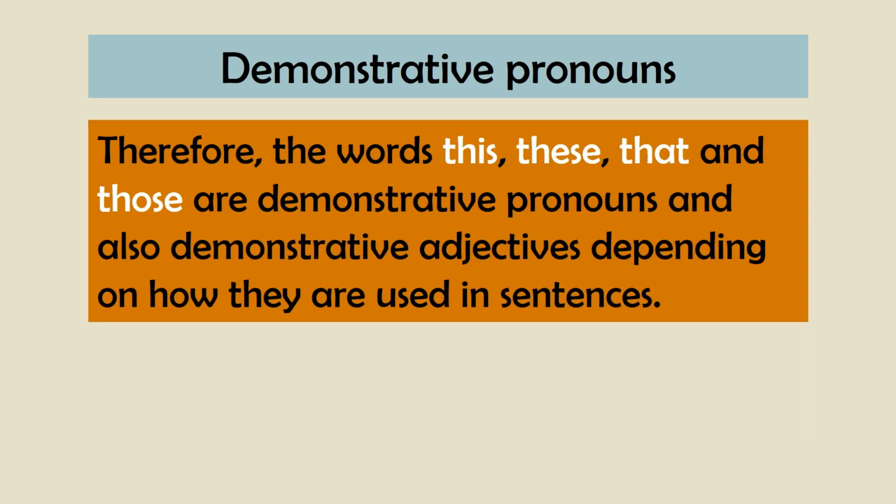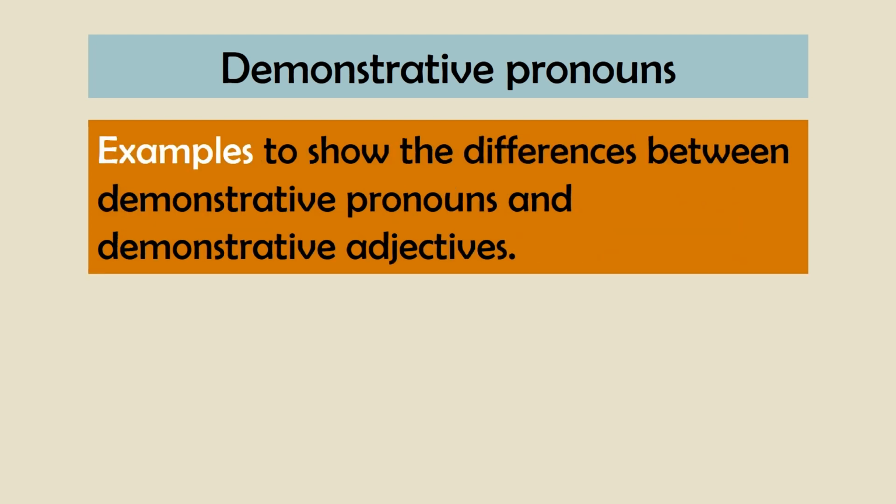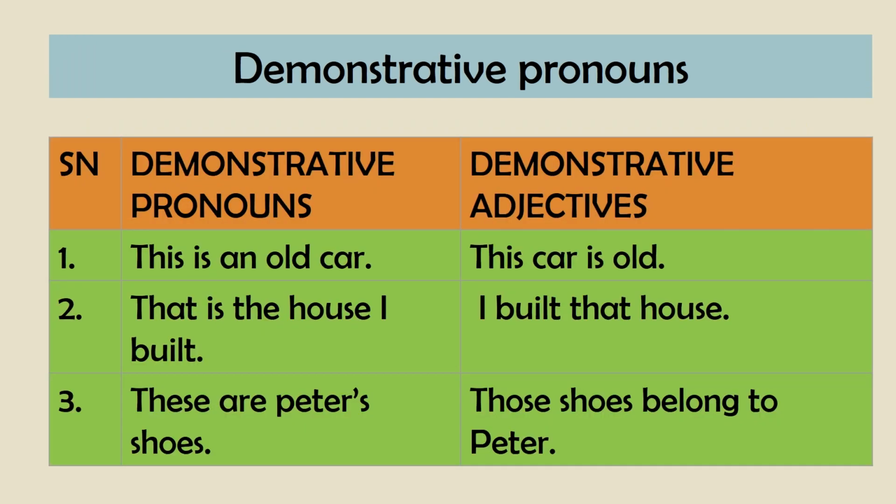Therefore, the words this, these, that, and those are demonstrative pronouns and also demonstrative adjectives depending on how they are used in sentences. Examples to show the differences between demonstrative pronouns and demonstrative adjectives are: 1. This is an old car.